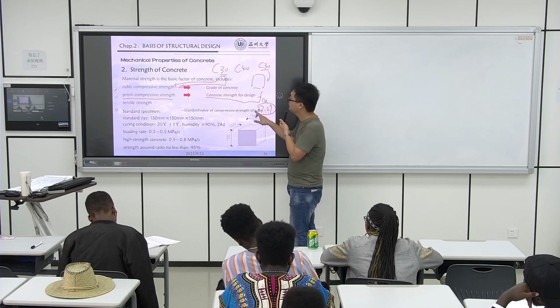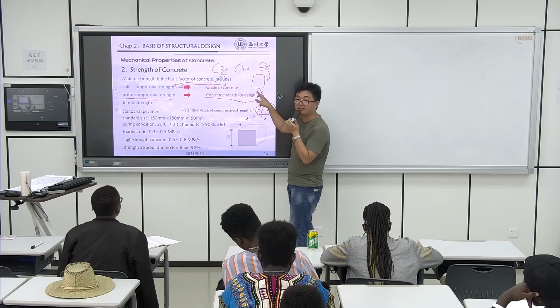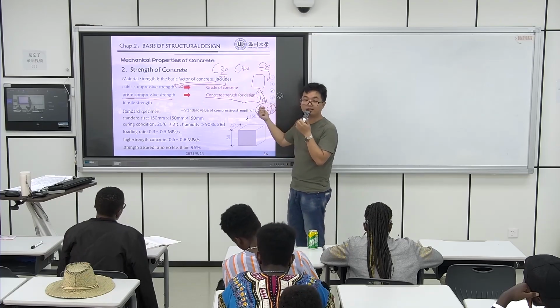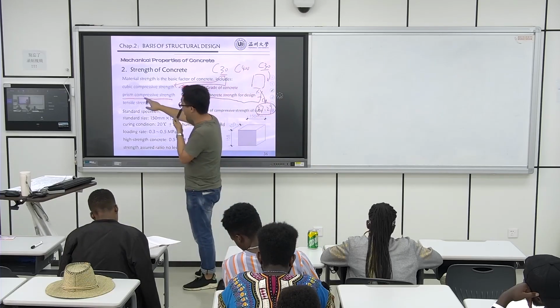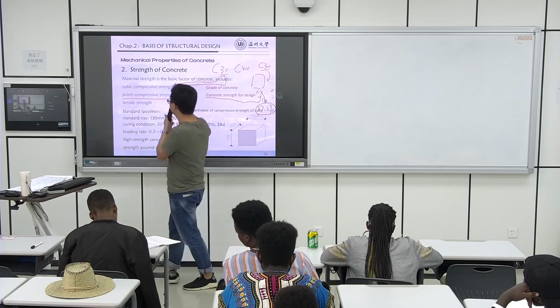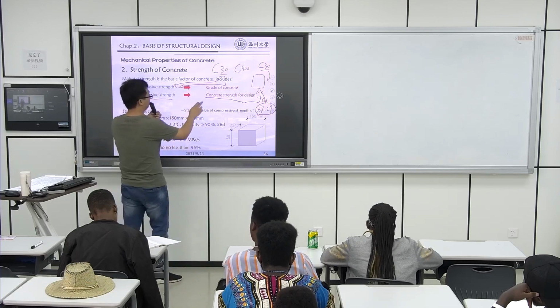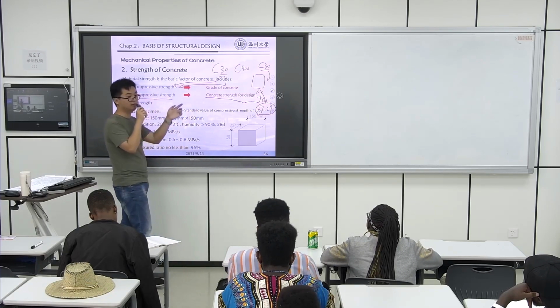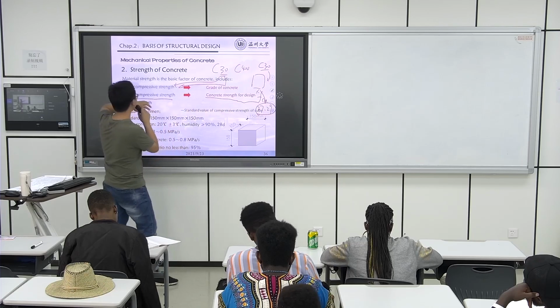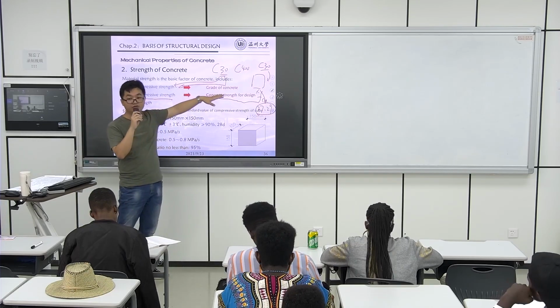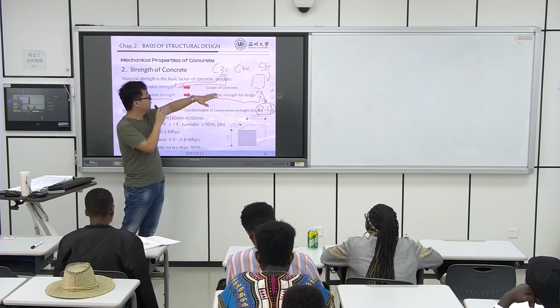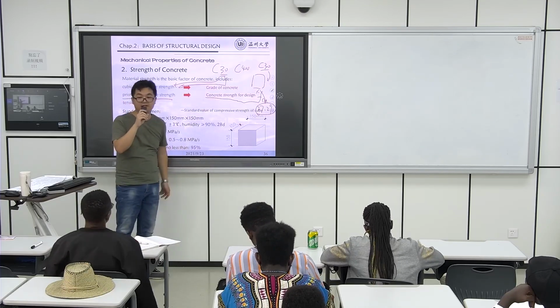This strength is used in the design. Do not directly use the 30. Here is the prism compressive strength. We use this stress in the structure design, and the cubic compressive strength is just a grid to classify concrete.